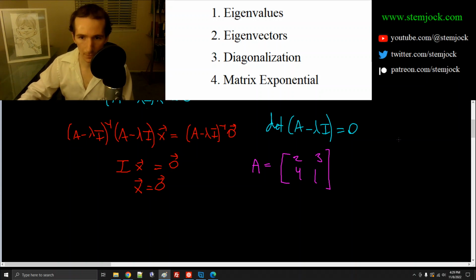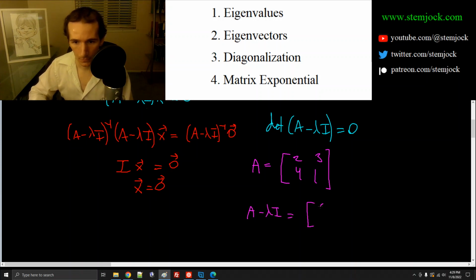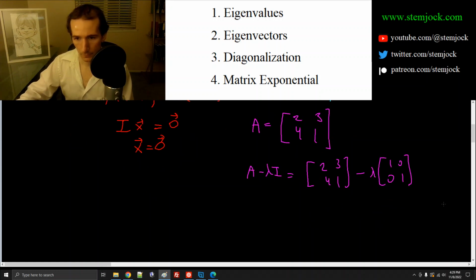So what is A minus lambda I? This is [2, 3; 4, 1] minus lambda with 1s on the main diagonal and 0s everywhere else. The 1s specifically have to be top left and bottom right.